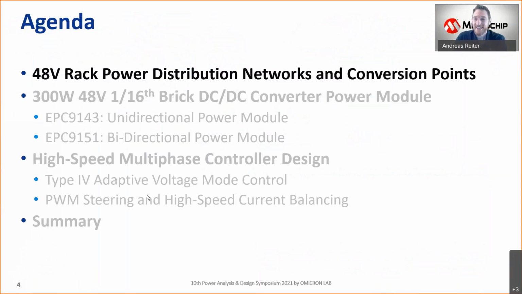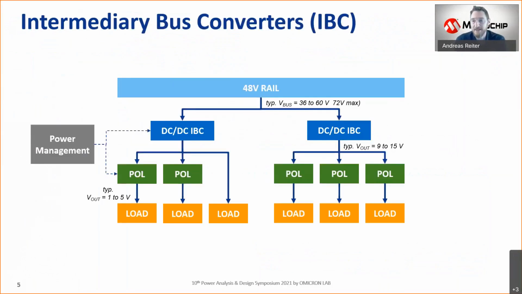Good. So our classical IBC architectures look mostly like this. You have a 48-volt rail or a 24-volt rail, and there's some AC/DC that provides the rail voltage, and then it's distributed across a wider system. At the conversion point where you need lower voltages, this is where you usually find the so-called intermediate bus converters, which have a typical output voltage range of usually 9 to 15 volts.